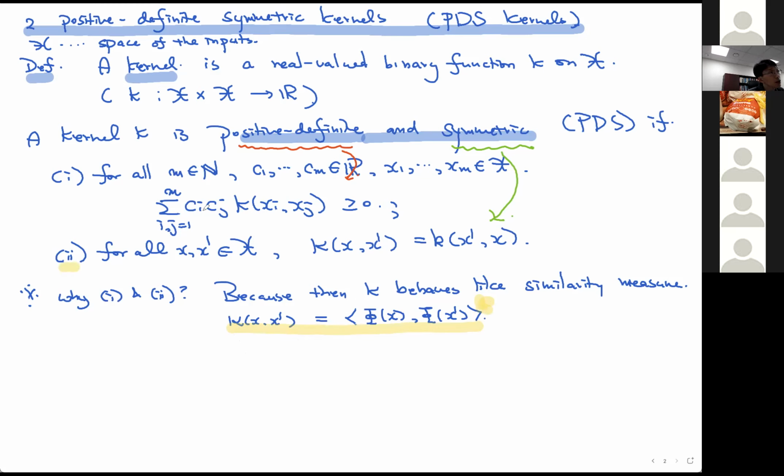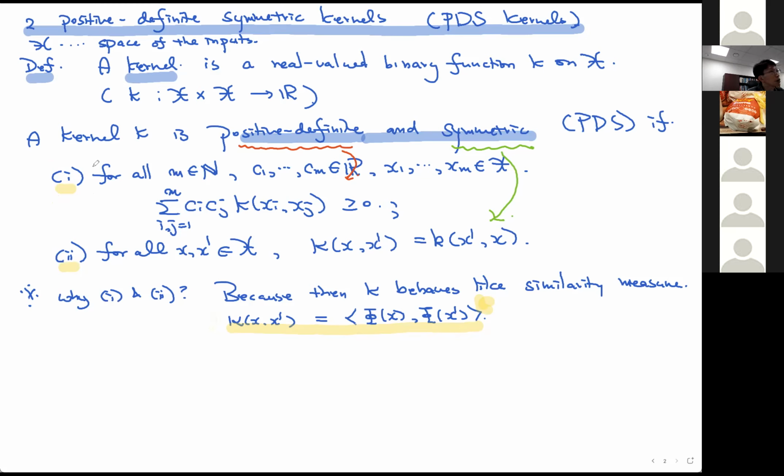Also the positive definiteness, the first property, has to be true, because the inner product we are using at the bottom satisfies bilinearity. So if K is defined this way, these two properties will be true.